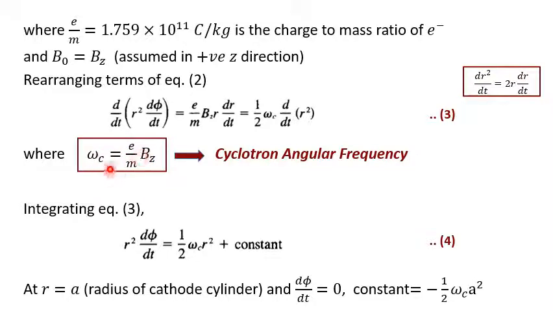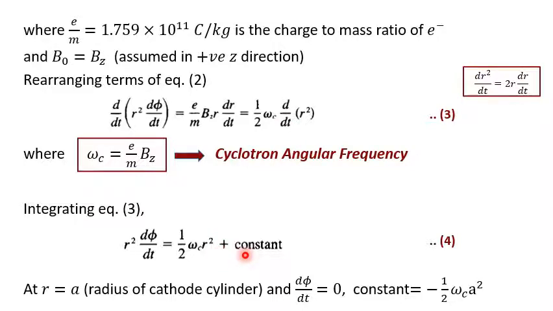The cyclotron angular frequency is the frequency associated with the circular motion of the electron. By integrating this equation, we get r squared d phi by dt is equal to 1 by 2 omega c r squared plus an integration constant.